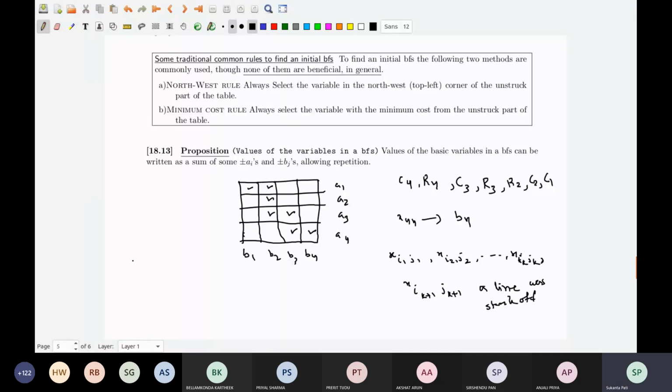That is, somewhere x_ik+1 j_k+1 was available, and that row you struck off. Did that row have, to begin with, some other highlighted variable? Yes, it might have. It might have x_i1j1 or something, but those variables were already struck off. So assume that line is a row.